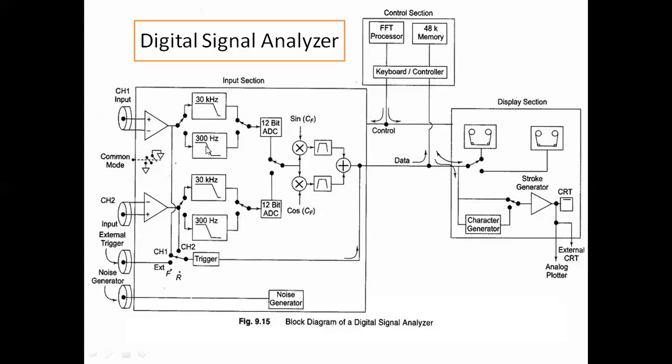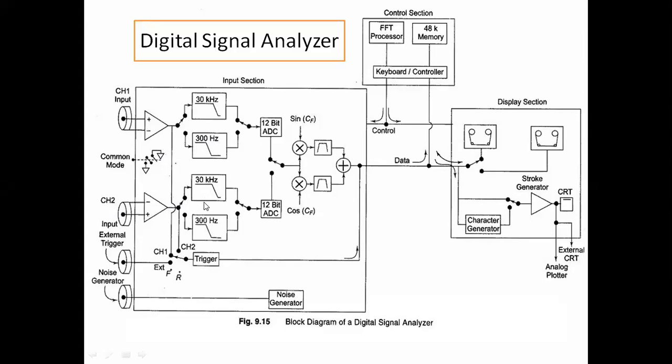There are two anti-aliasing filters, one at 30 kilohertz and another at 300 hertz. The input signal is amplified and applied to the filters. The same structure applies for channel 2, which also has an amplifier and two filters.